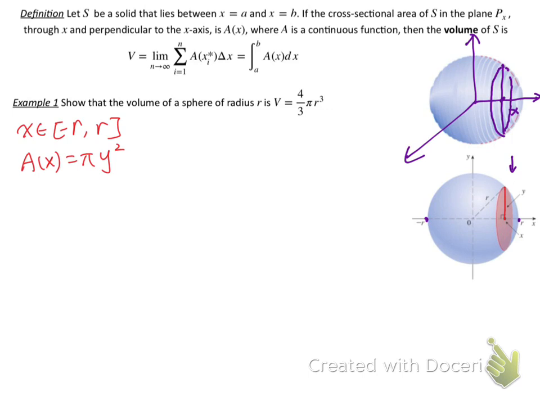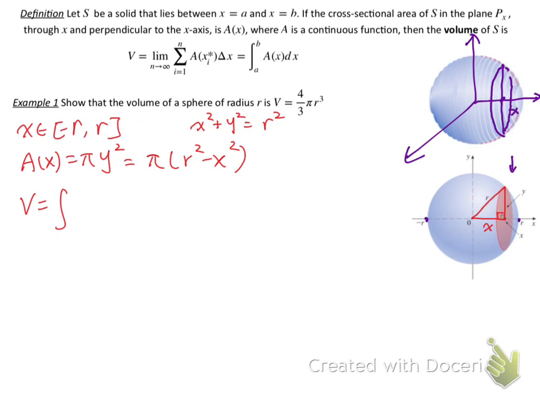But we know that this is x, this is y, and together they make a Pythagorean right triangle. So x squared plus y squared equals r squared, so y squared will be r squared minus x squared. Then I can compute V, because I have A now.